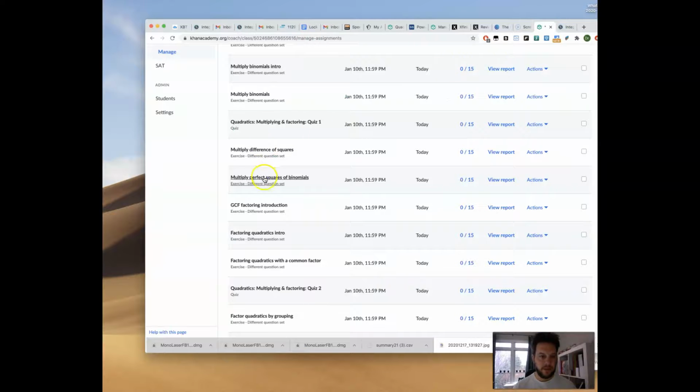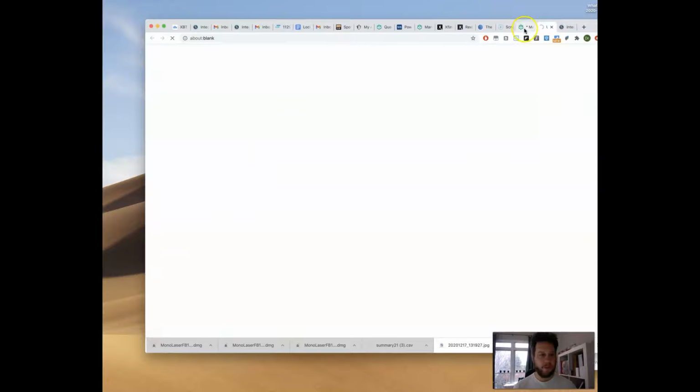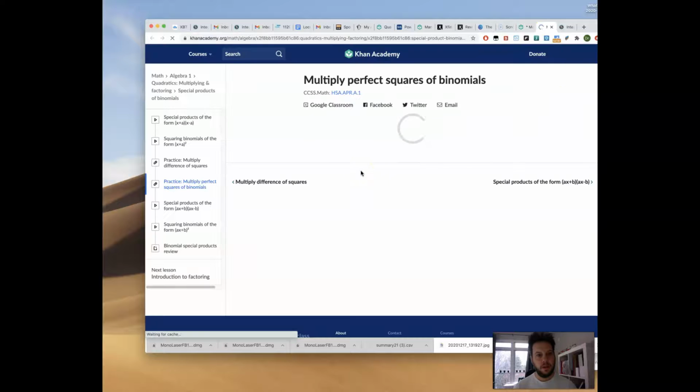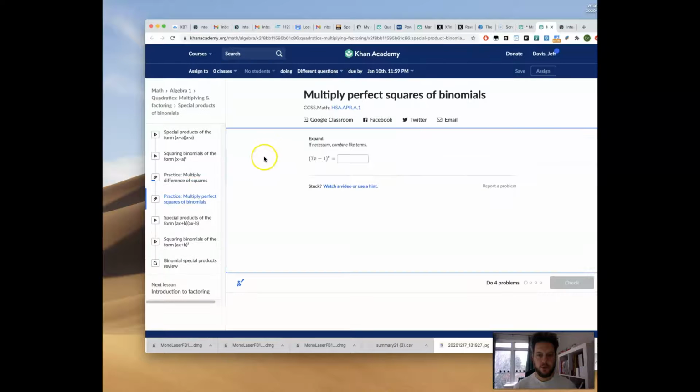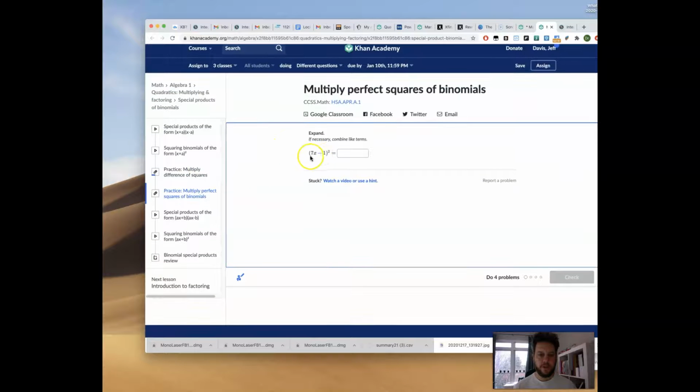All right, so then we'll go to multiply perfect squares of binomials. So a perfect square is something where they're taking the whole binomial and squaring it. So the common mistake here is people will try to square the first term and square the second term.